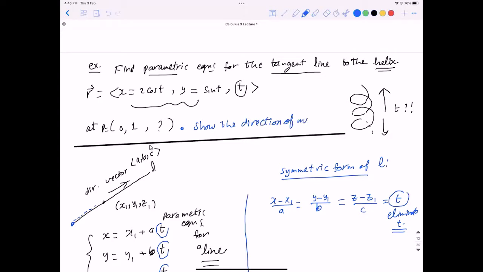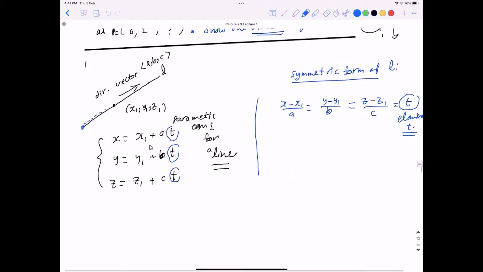So how to show the direction of motion? We put t equals 0 and decide the point at which the particle begins its motion, and find another point, a following point, successive point, and show the direction from the initial point to the second or coming point. This is easy. Just substitution. This is sort of revision of the equation of a line.